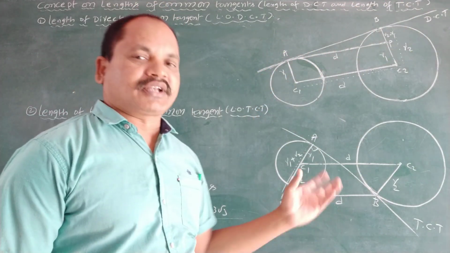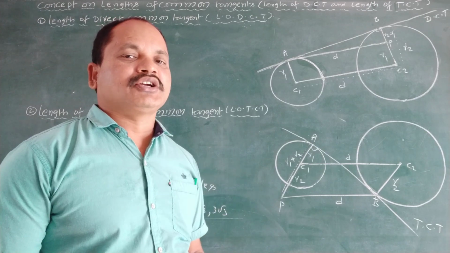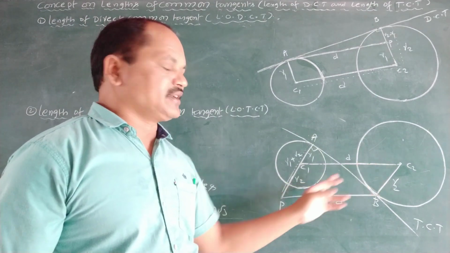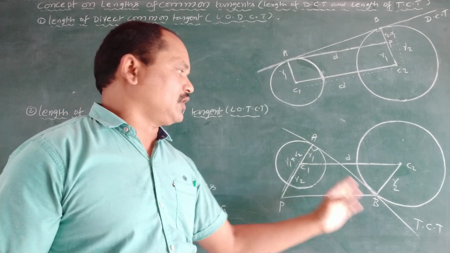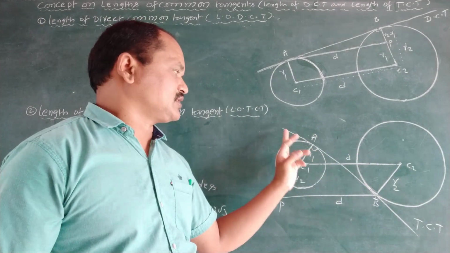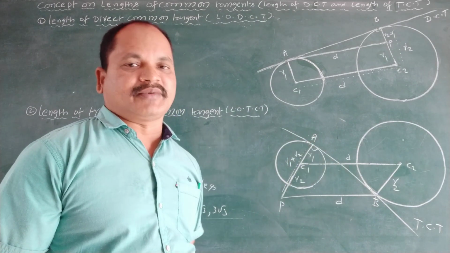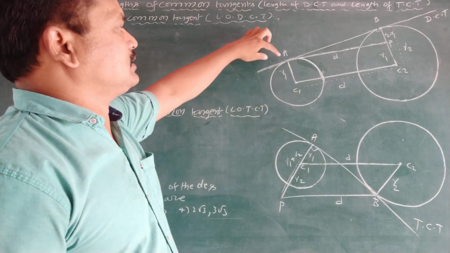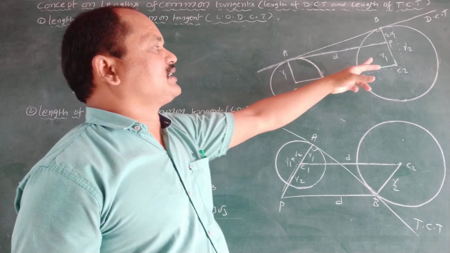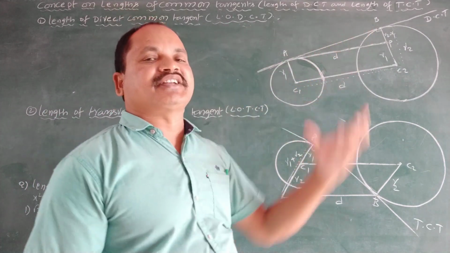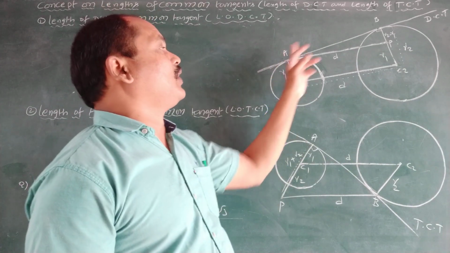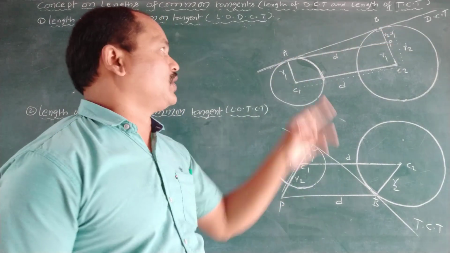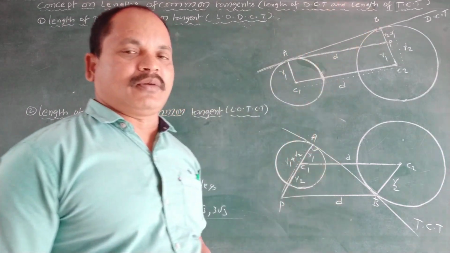Now we are going to transverse common tangents. For a line, if two circles touch the line on both sides, opposite sides, then the line is called a transverse common tangent. That's why in this case, this is the transverse common tangent. Now we have to find the lengths. In the first case, observe where the line touches the circles at 2 points: the distance between the points of contact is called the length of the direct common tangent.